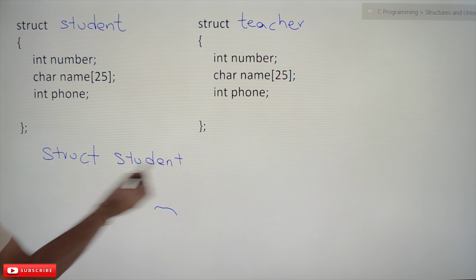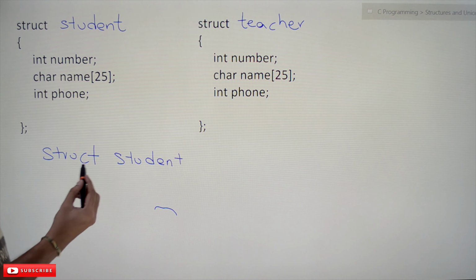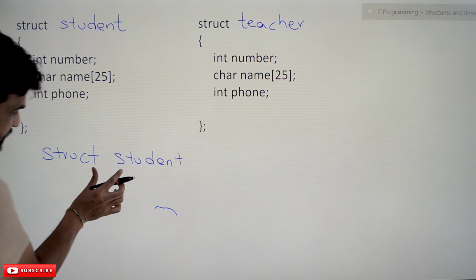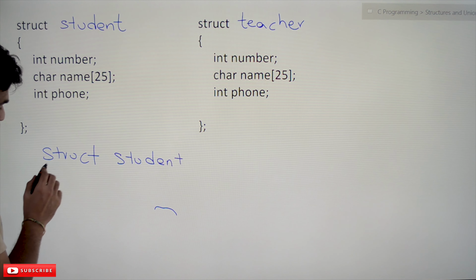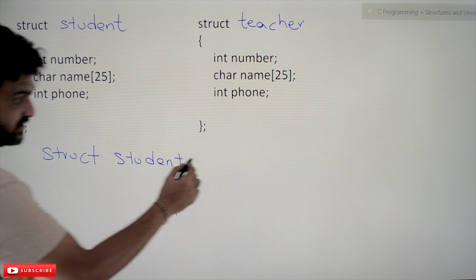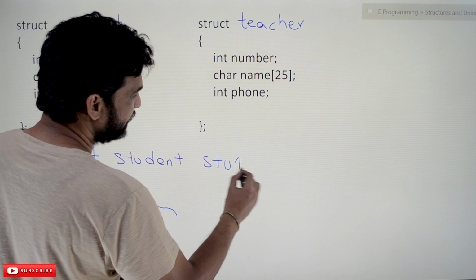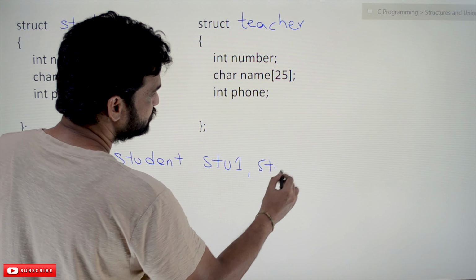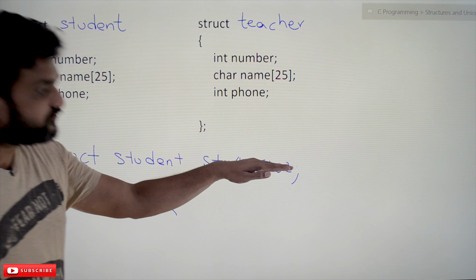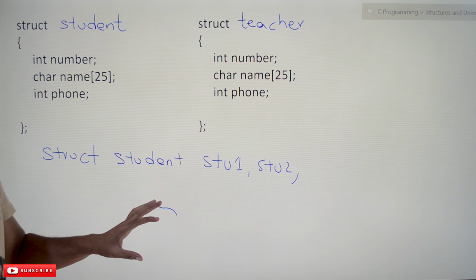This is the same as int. Just as int means we are giving the data type as int, struct student is the same kind of declaration, which states that student is a structure. And the variables for this student structure are stu1, stu2. Now after executing this line of code, only then will the memory get created.